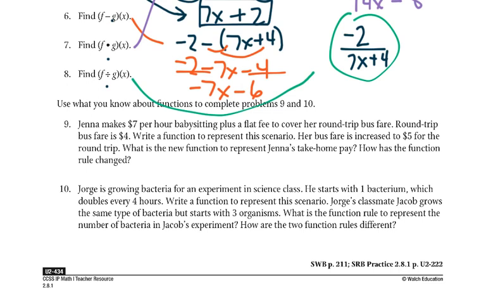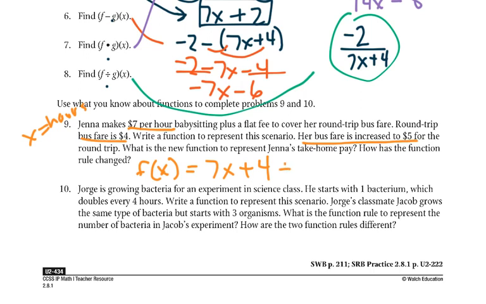So, she makes 7 per hour. So if x is hours, we'd have f of x equals 7x, right? Now her bus fare is $4, so we'd add that to it. Okay, so we'd get 7x plus 4, right? Now, the bus fare increased to 5, okay, what happened?